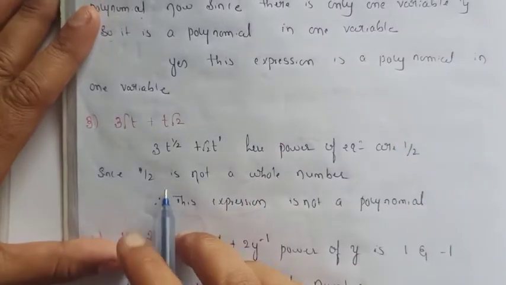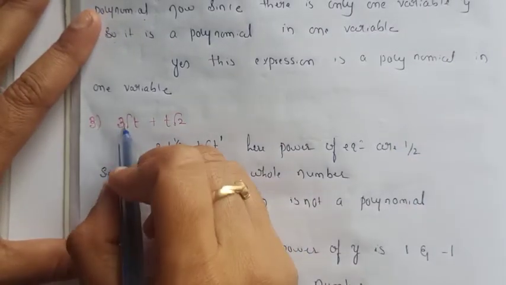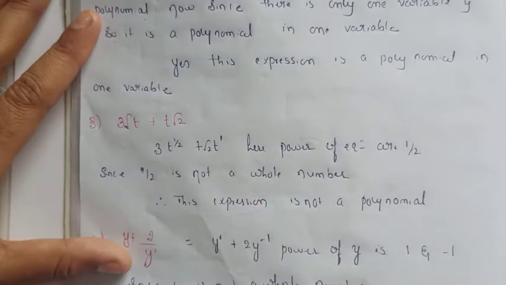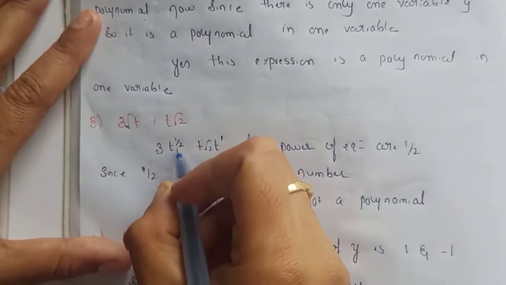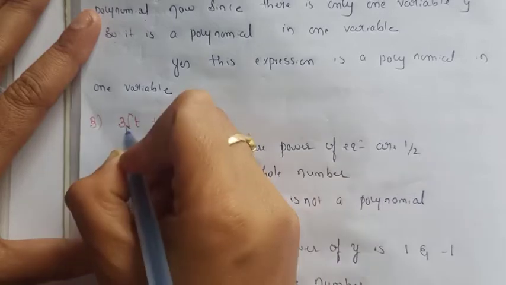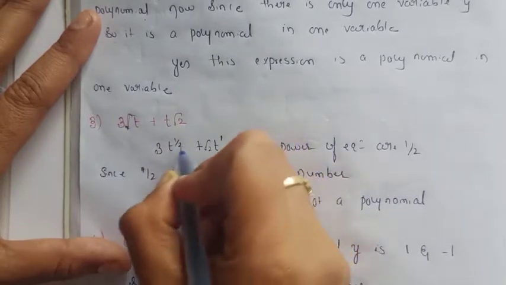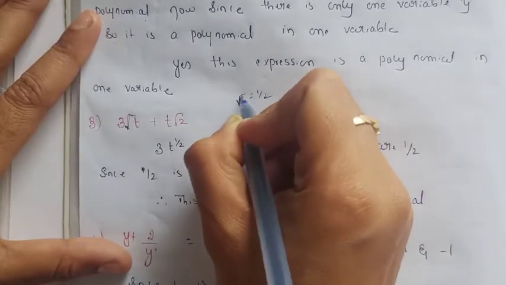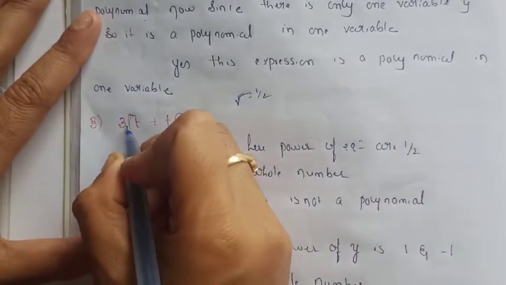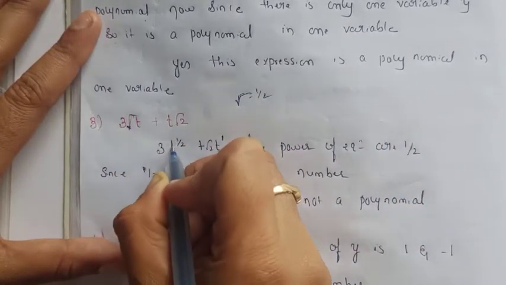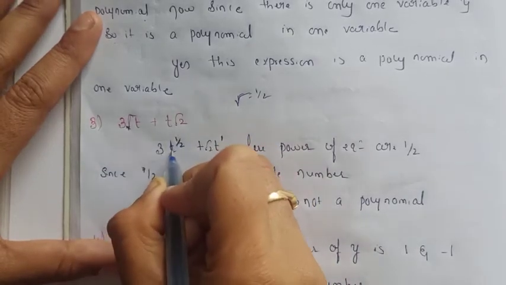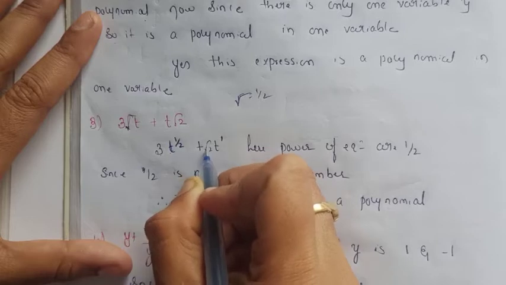Next, 3 root t plus root 2, that is 3t raised to 1 by 2 plus root 2.